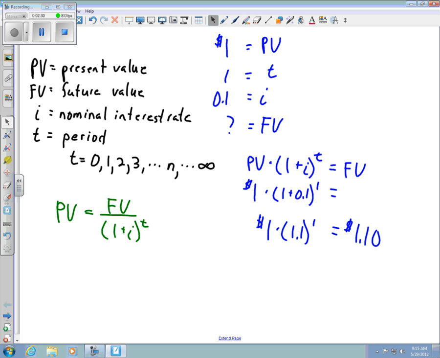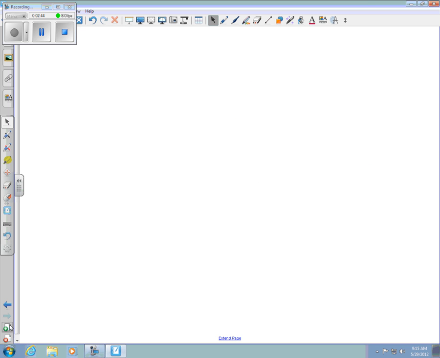So those are the basic rules of present value, future value. Some future payment is equal to some present value, and it's based on the interest rate and the time periods that we're looking at.